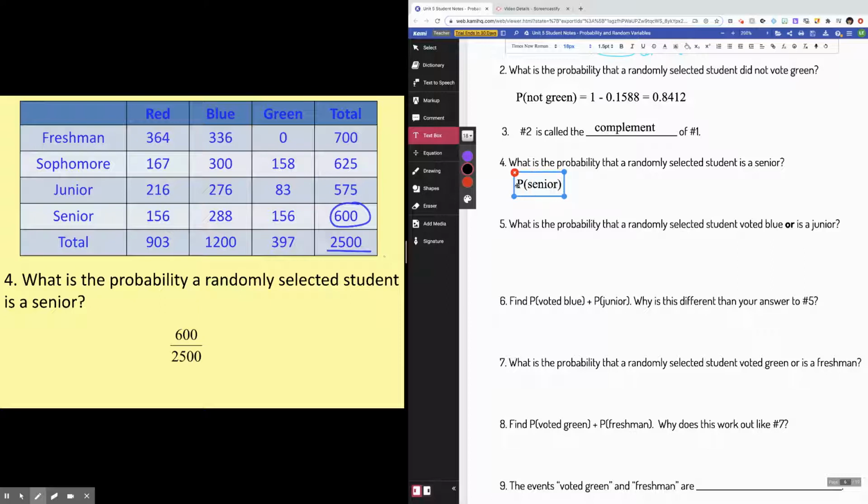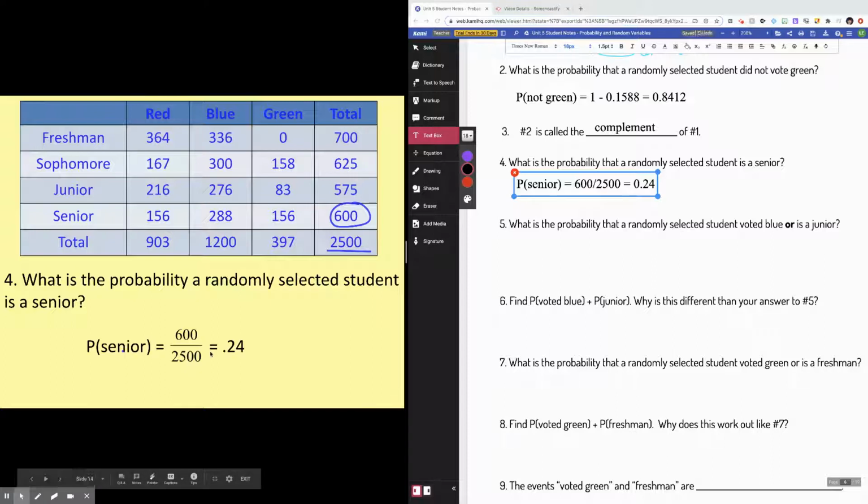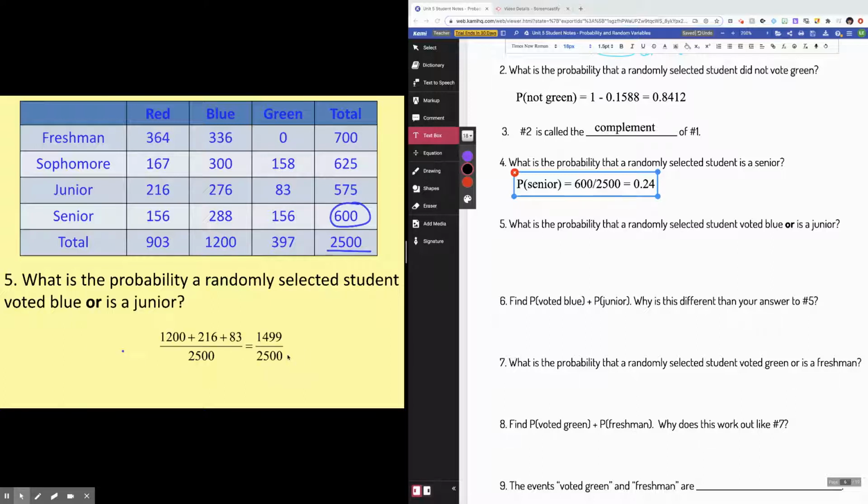I found the probability of senior, which is 600 divided by 2,500. And then if you want to put that in decimal form, it's 0.24. Okay. So that's just some basic calculating probability from a two-way table.